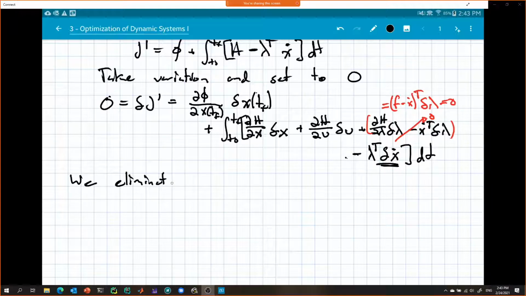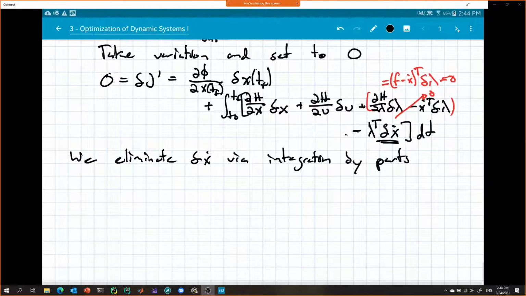So we eliminate the variation in x dot via integration by parts. So if you remember, I'm going to note this as an aside.